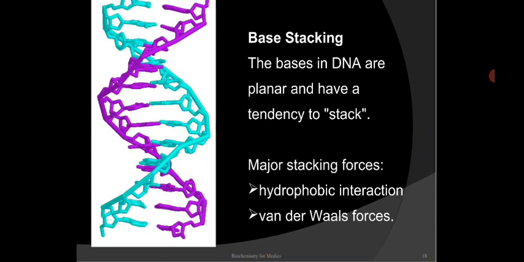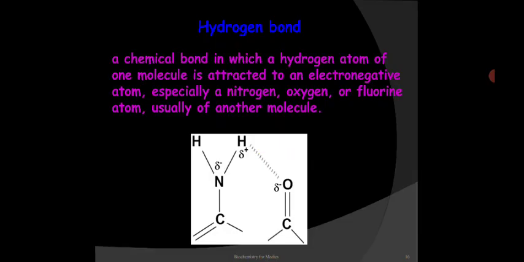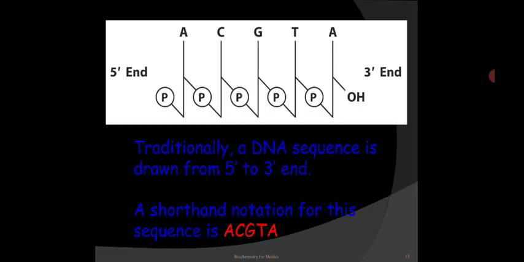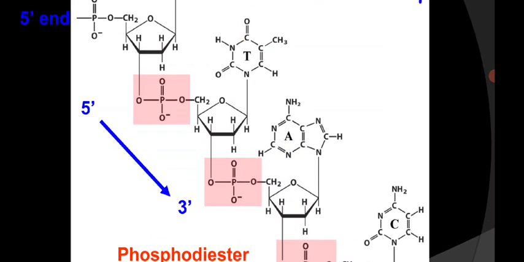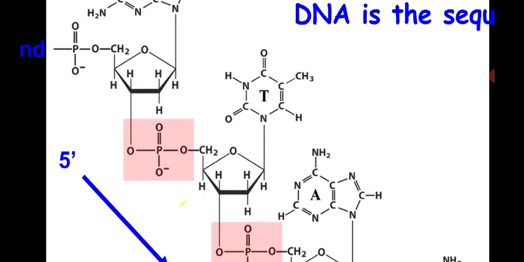So next one is the phosphodiester bond. Here we can see where the phosphodiester bond is present. The phosphodiester bond is the covalent backbone of the DNA, which is formed between the 3' carbon of one molecule and the 5' carbon of the deoxyribose sugar of another.